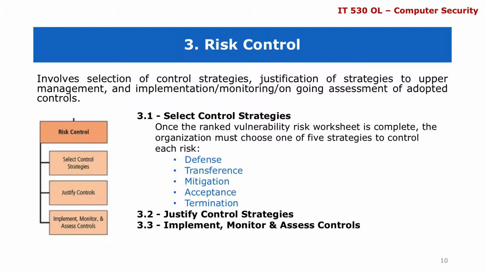The process result is an estimate of a potential loss per risk, and it is usually calculated by understanding the asset value, exposure factor, and single loss expectancy. That is, when something happens, what is the single loss expectancy? The single loss expectancy is determined by multiplying the asset value and the exposure factor.